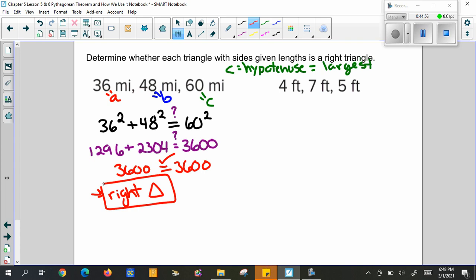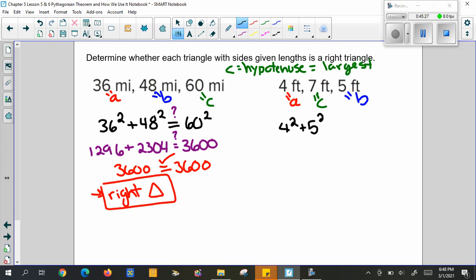For the next example, I see 7 is the largest, so it's C. So the remaining two are A and B. We'll place them into the Pythagorean theorem and decide whether or not this is a right triangle.